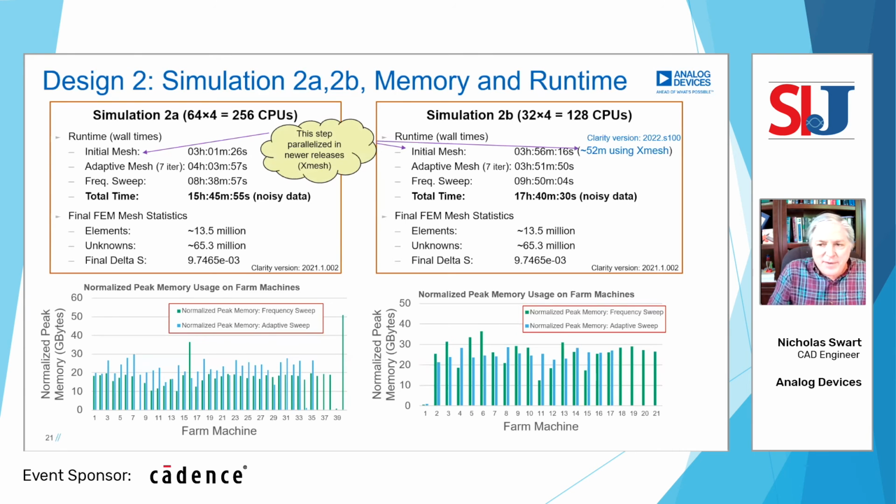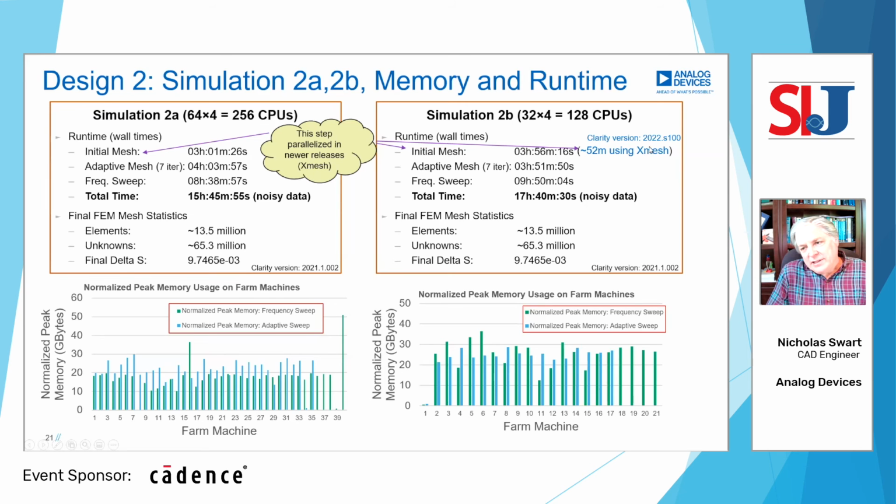So now I was talking about this mesh step being parallelized. The initial mesh is when Clarity makes its first mesh for the system that it's simulating. And Clarity has a new mesh engine called xMesh, which parallelizes this step as well. In earlier versions of Clarity, you couldn't parallelize this initial mesh. Everything else was parallelized, but now this is parallelized.